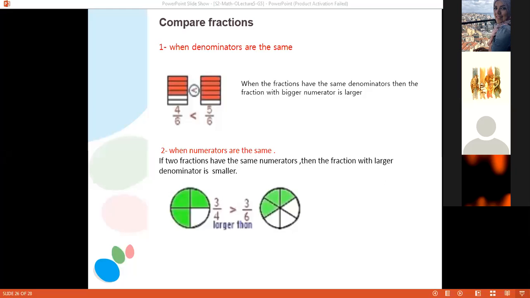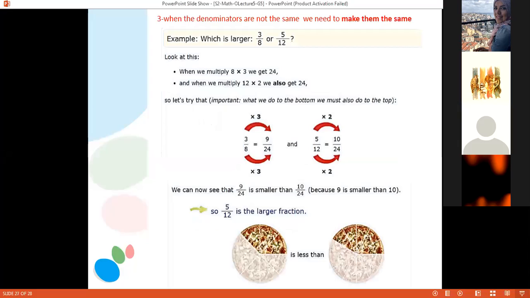Let us go back to our worksheet, because I still have the third case where I don't have something in common, not the numerator or the denominator. I want to show you the difference between the 2 cases.